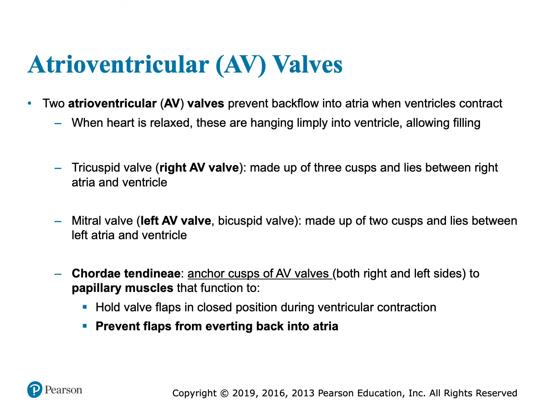So the AV valves are keeping blood from going from the ventricle to the atria. The chordae tendineae are like the anchors to the valve that are trying to prevent any backflow, so we don't want those valves to evert, right, to blow out like an umbrella in the wind.